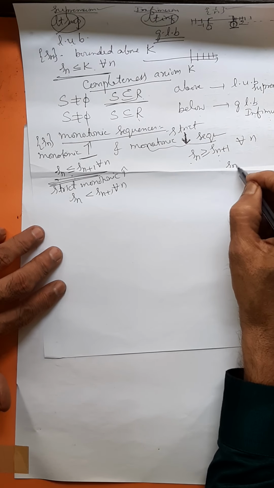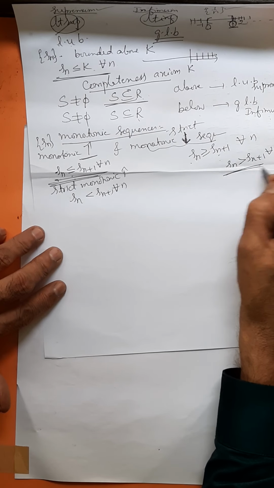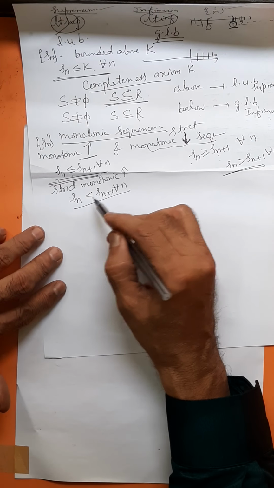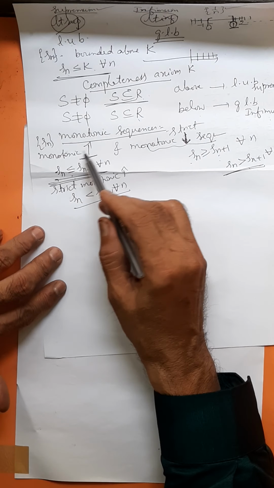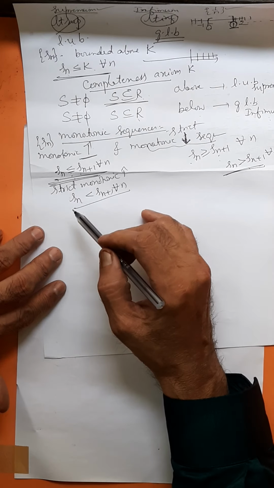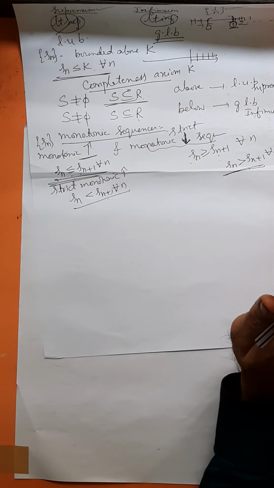As naturally you can think, Sn is greater than Sn plus 1 for all n. If equality is there, it is monotonically increasing or monotonically decreasing. Remove equality, strict monotonic increasing and strict monotonic decreasing.